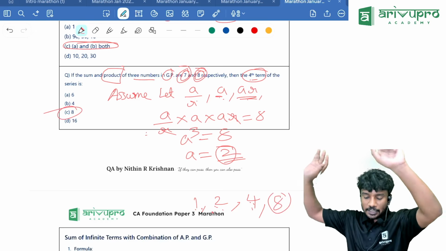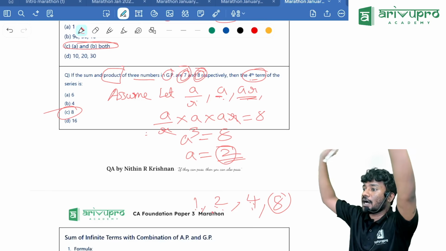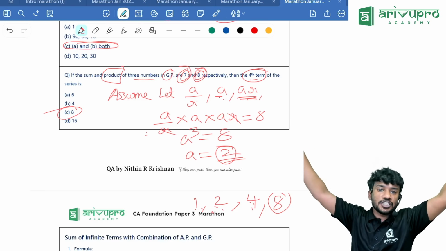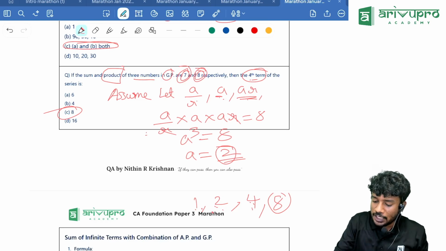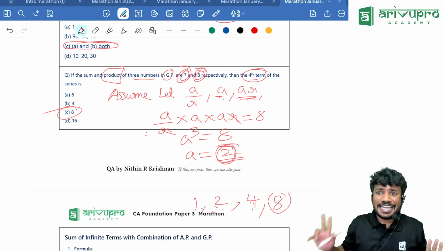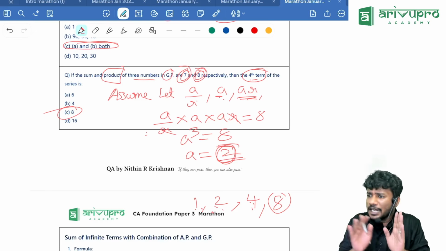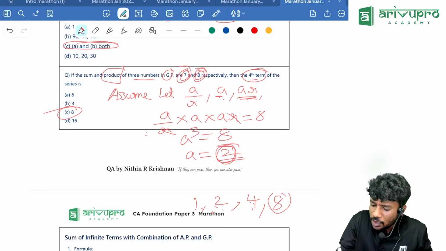So first what we did? We assumed A by R, A, and AR are the terms of the GP. From that we found the value of A. Since A is equal to 2, we took the previous number. We randomly assumed the previous number is 1.